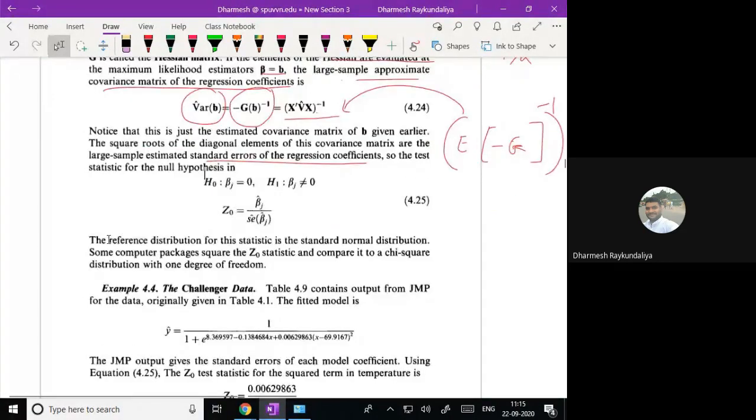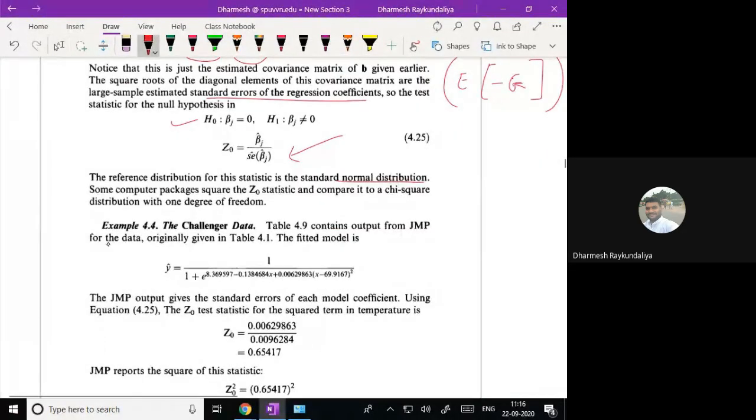If I wish to perform the test of this null hypothesis, the test statistic is Z0, which is beta j hat upon the standard error of beta j hat, and it has a standard normal distribution. If you take the square of this, the Wald statistic is nothing but the square of this.